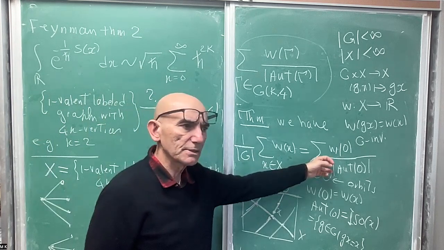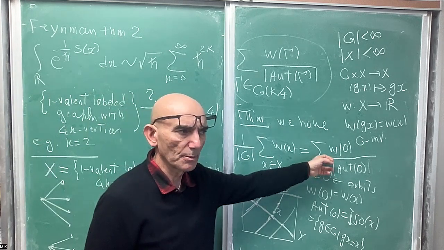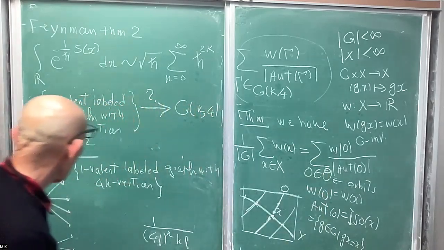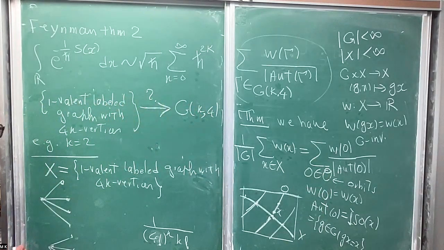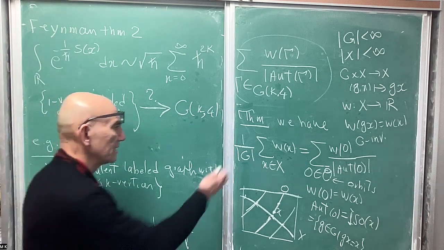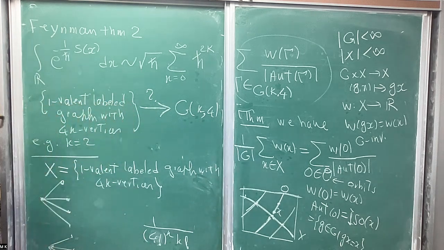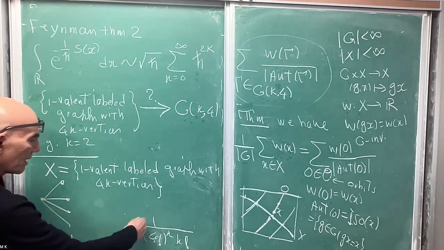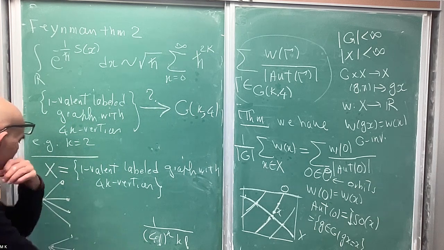But now we can sum using this orbit summation over a space of orbits, like that. So what are the orbits in this case? You see, orbits are obtained by identifying various graphs under this action of this automorphism group.